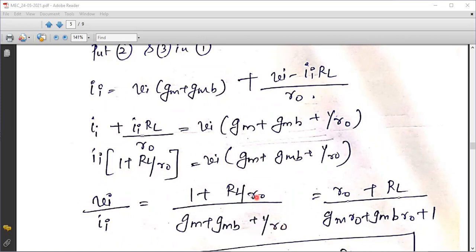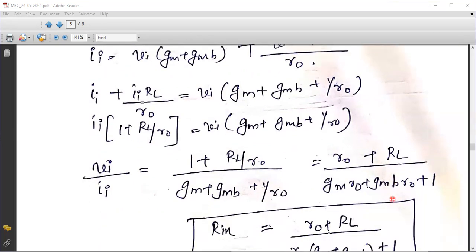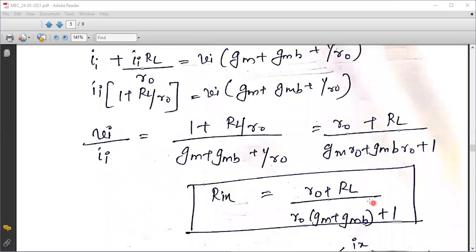So R0 will get cancelled from both the numerator and denominator, and your result will be like this. So this is the equation for R in, where R0 can be taken outside for the first two terms as it is common. This is the expression for input resistance of a common gate amplifier with the active load.